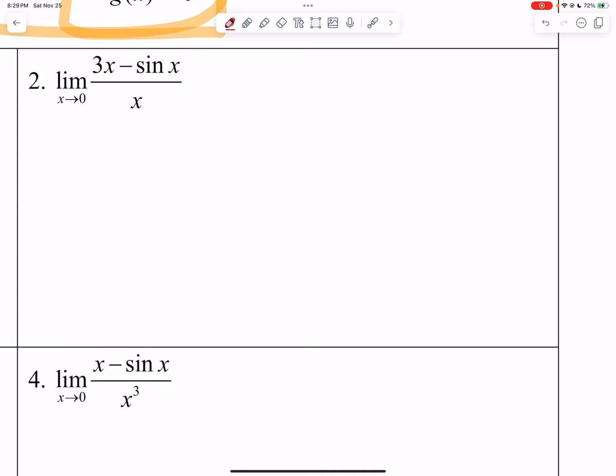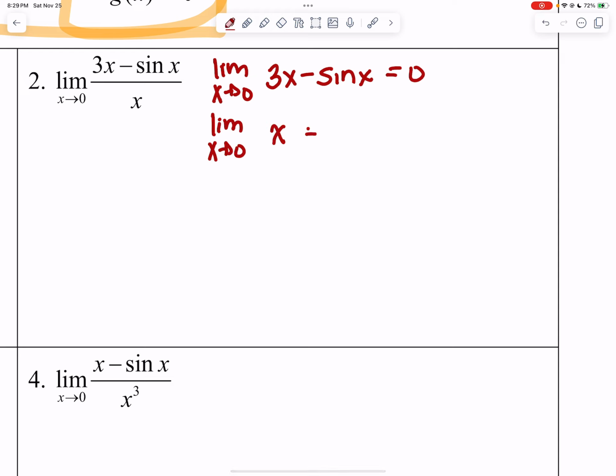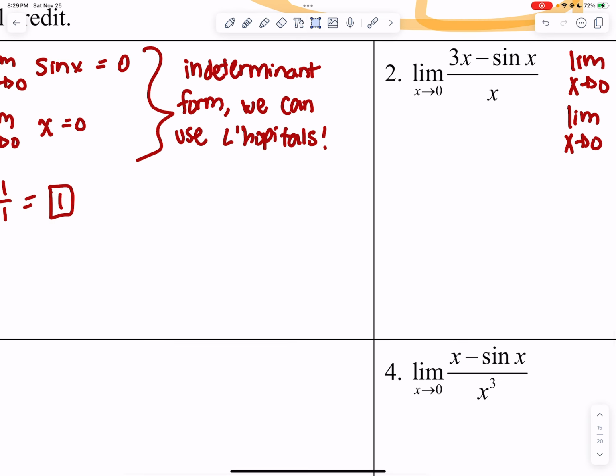Same thing here for number 2. What you're going to do is take the limit of the numerator. So you're going to substitute that in. You're going to have 3 times 0 minus sine of 0. We know that sine of 0 is 0. 0 minus 0 is 0. And then the limit of the denominator, which is 0. Because we have 0 over 0, it is indeterminate.